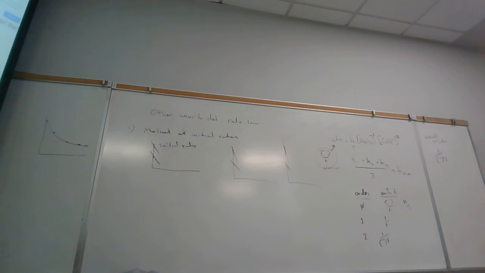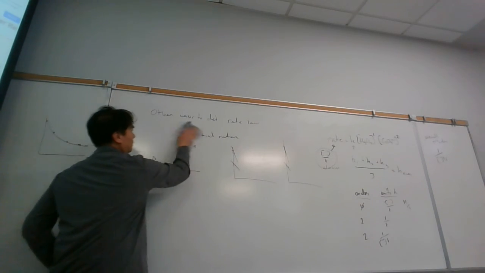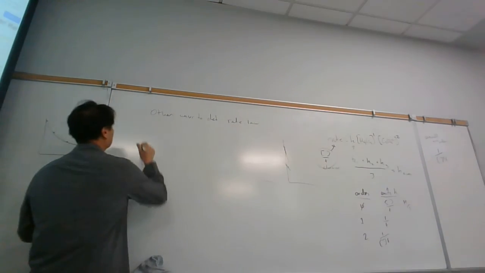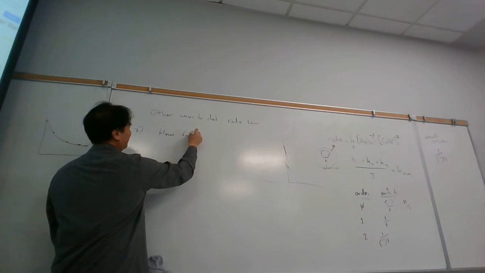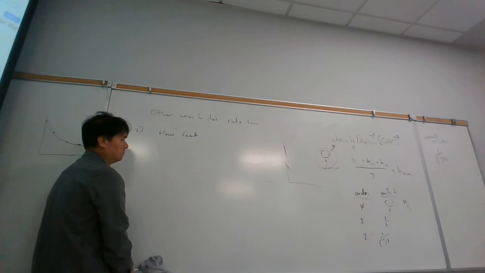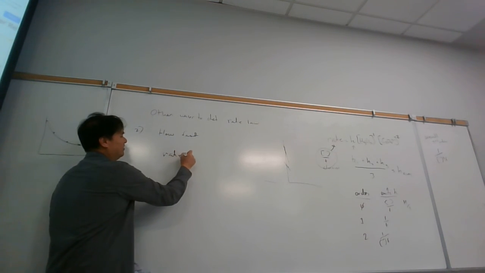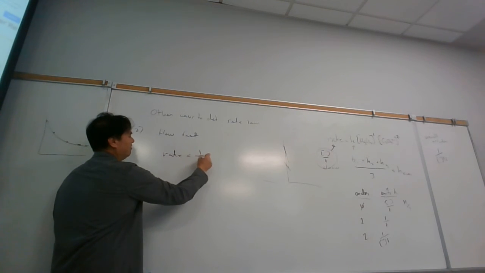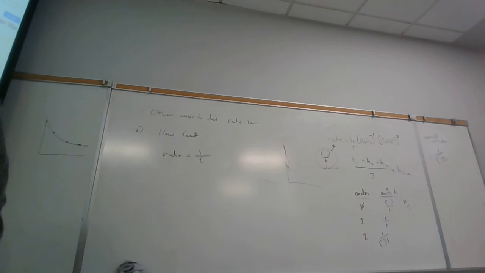Okay, now what we're going to do next is look at an alternate method. Number two would be like how fast. We know that the rate is going to be inversely proportional to the time it takes. And so the faster the rate, the shorter the time. The slower the rate, the longer the time.